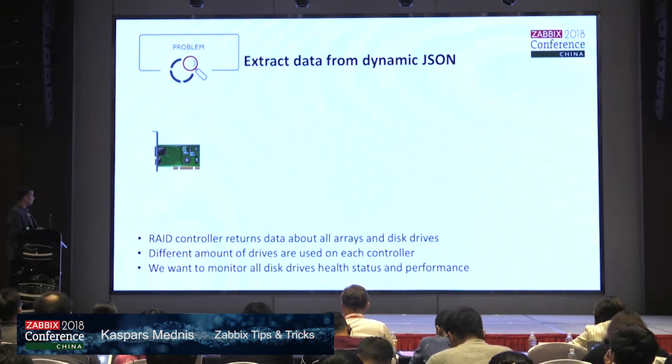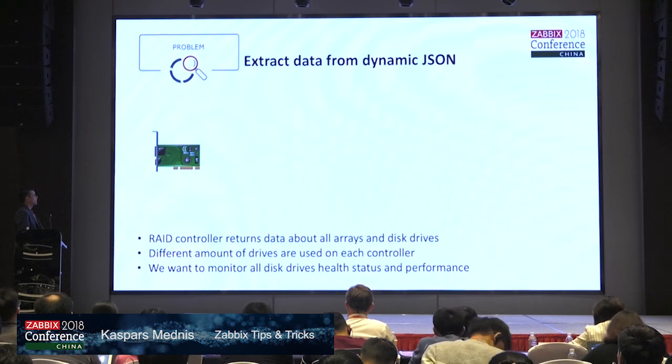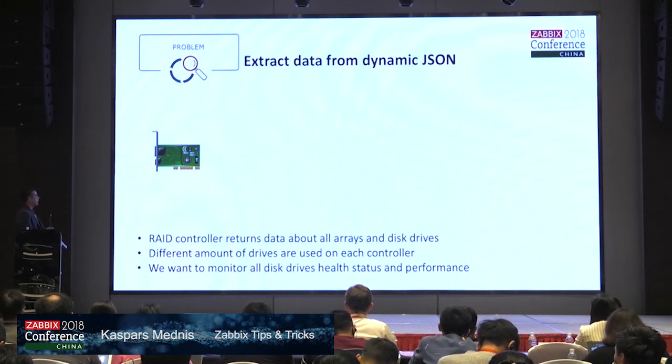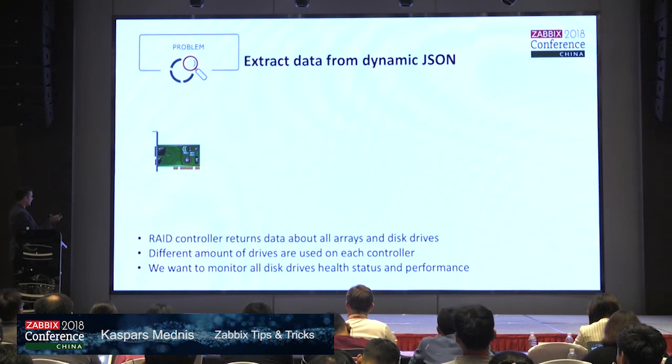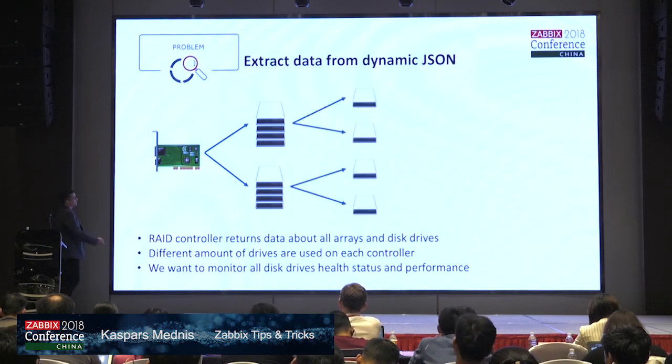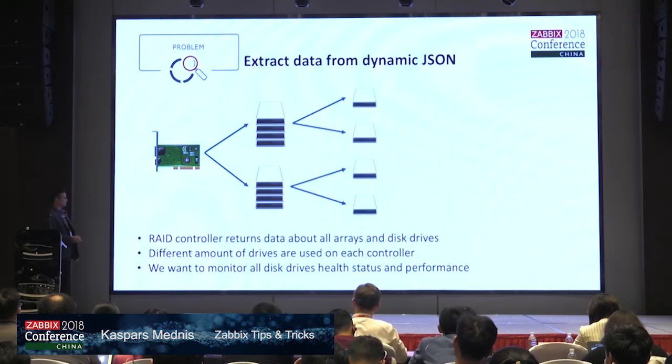One more nice example about JSON. This functionality is now available in Zabbix 4.0. So, we have a write controller. This is a real life example. And this write controller supports multiple disk arrays, and multiple disk drives can be assigned to each array.